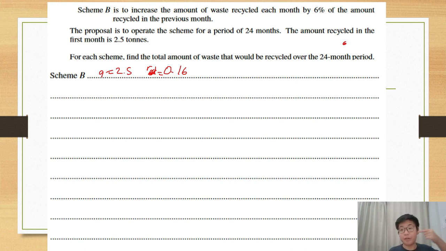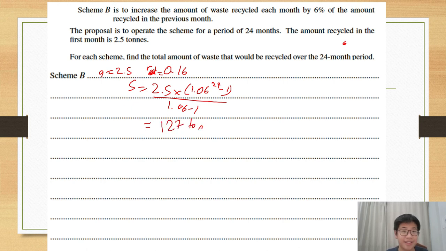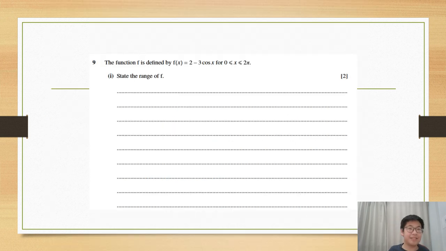An increase of 6% of the amount recycled in the previous month basically means it's a geometric progression. So S equals 2.5 times 1.06 to the power of 24 minus 1, over 1.06 minus 1, using the geometric series formula, and then we get 127 tons. Now, obviously, the geometric sequence is better than the arithmetic sequence.